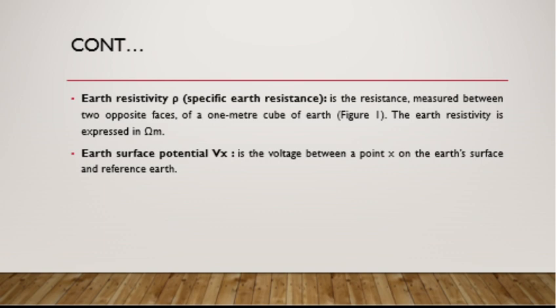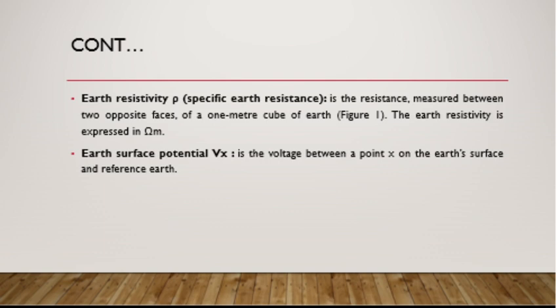The cross-sectional area will be nothing but a square, where a is the edge of the cube, and L will also be equal to a only. So the final formula for the soil resistivity will be nothing but 6 small a into capital R, 6 small a into capital R. Okay, that will be helpful for the calculation of earth resistivity.